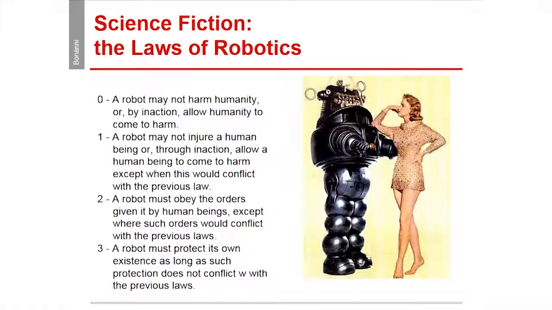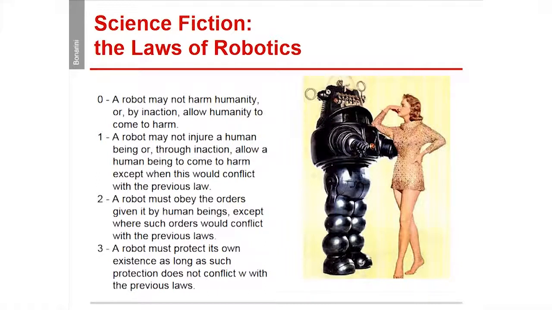Briefly, the laws are these ones. A robot may not harm humanity, or by inaction allow humanity to come to harm. A robot may not injure a human being, or through inaction allow a human being to come to harm, except when this would conflict with the previous law. A robot must obey the orders. So a robot is still a slave, it should obey the orders.